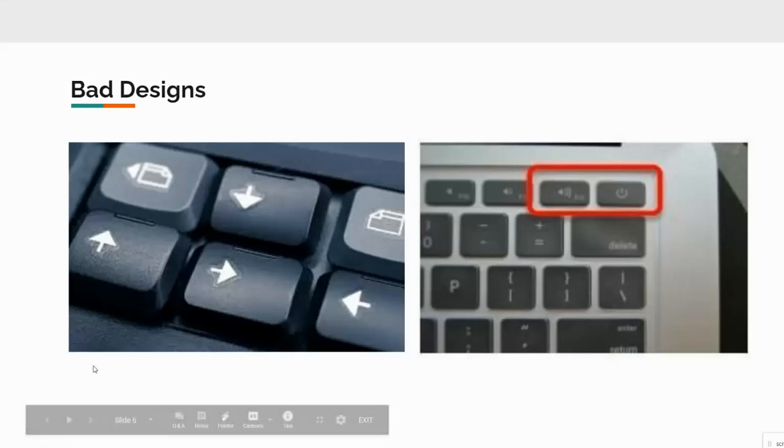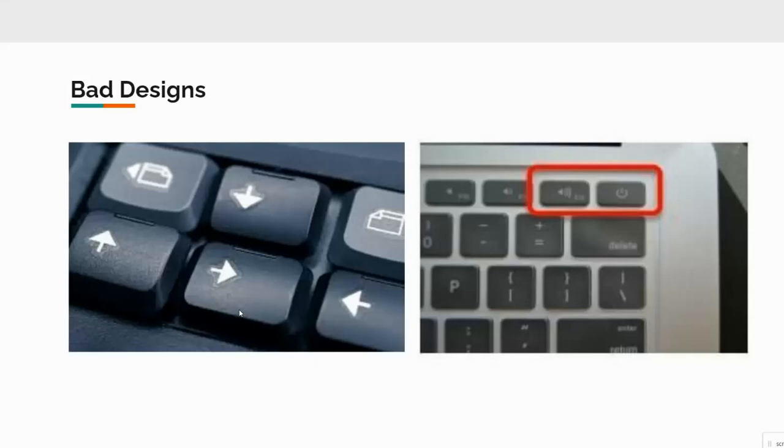So the first image is obviously considered a bad design because this is not the conventional arrangement of our arrow keys. This will stress out our brains. Ideally we follow the top, bottom, left, right arrangement, not this kind of arrangement.